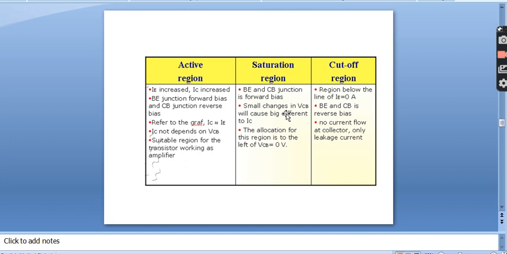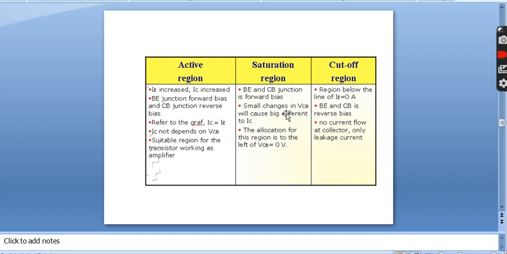Now go for the saturation region. In this saturation region, the base emitter junction and the collector base junction, that means the input junction and output junction, both are connected in forward bias.